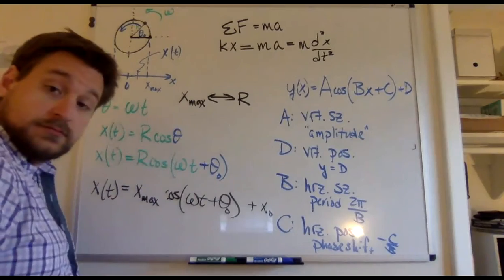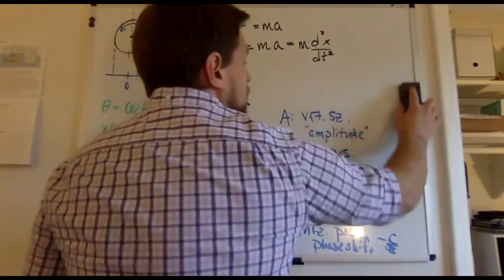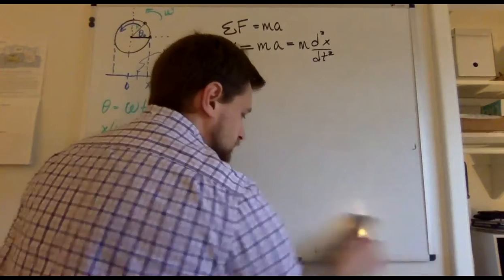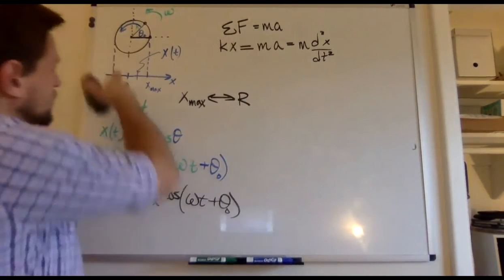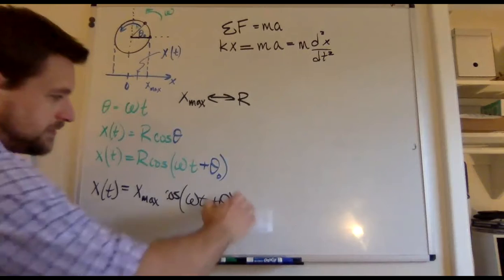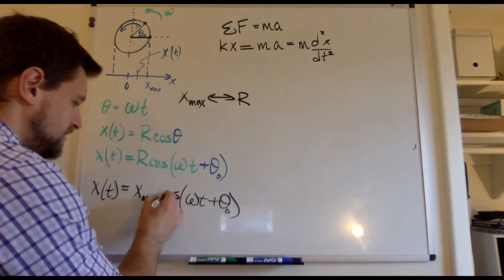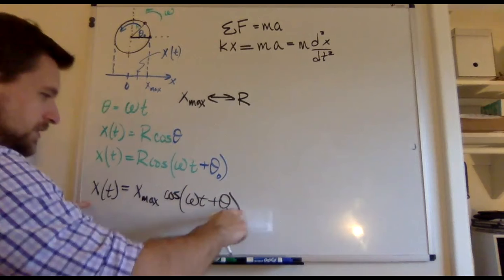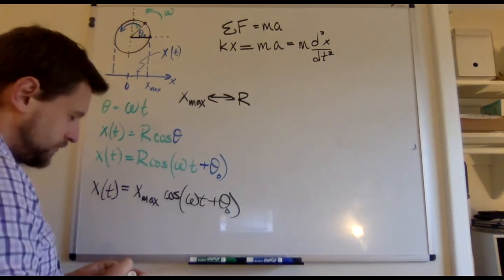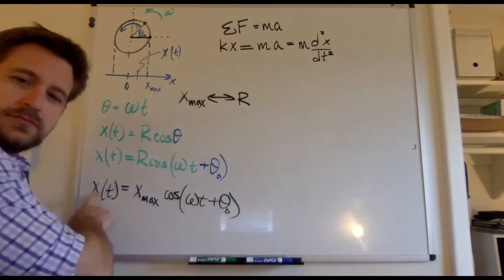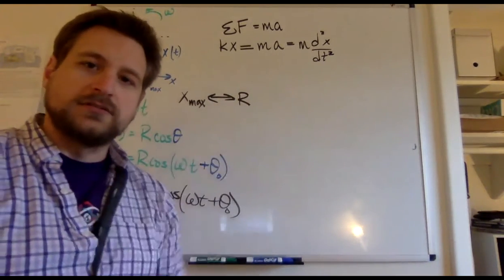So far, so good? I've got to erase this now. Let's keep the origin in the middle here so that we don't need that plus x0, just to keep things nice. And this is our model prototype for the horizontal coordinate, the x coordinate of this object in horizontal oscillation.